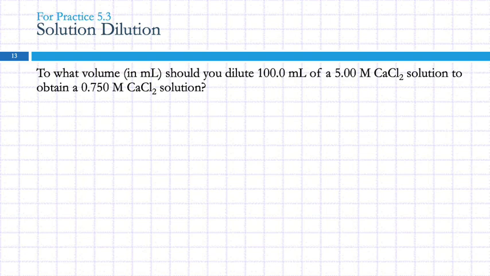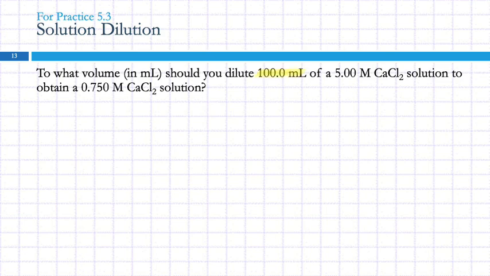So to what volume in milliliters should you dilute 100.0 milliliters of 5 molar calcium chloride solution to obtain a 0.750 molar calcium chloride solution? You can do this using a variation of dimensional analysis. Most students prefer to use the equation, and that is absolutely fine. So that's what we're going to do.